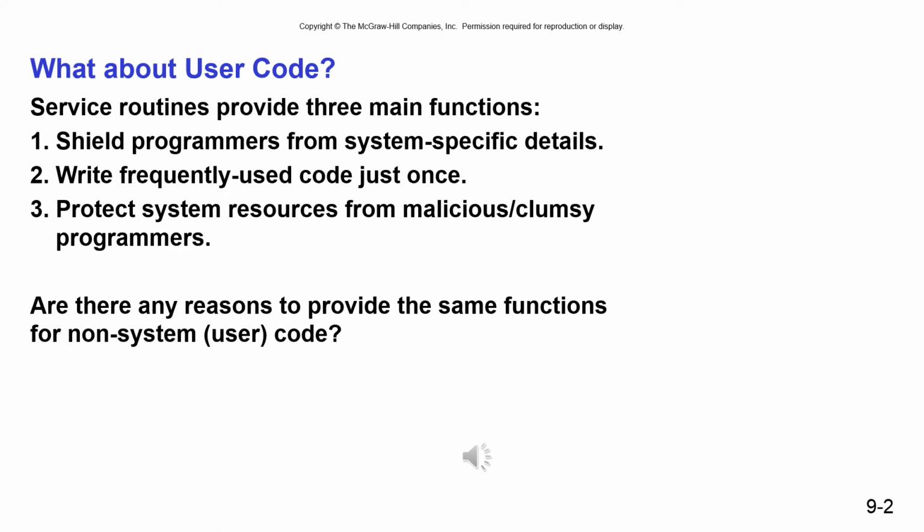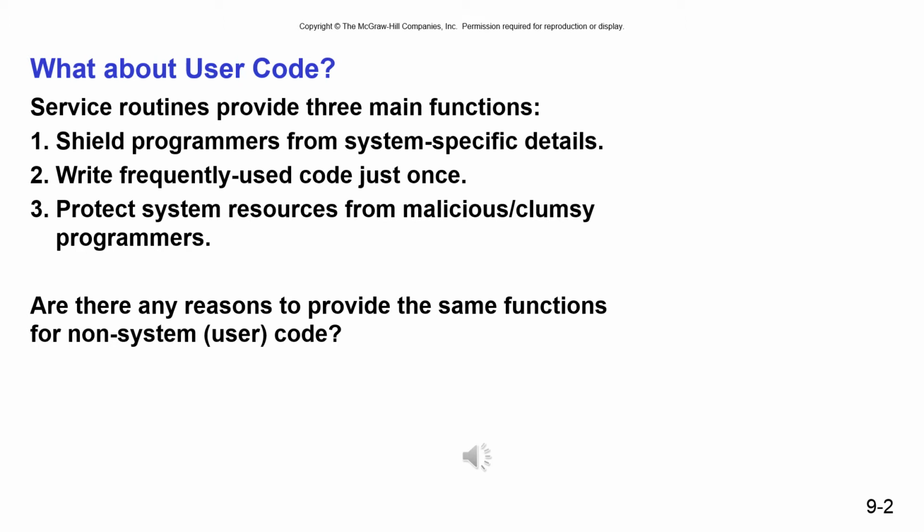A little bit of review here. Service routines, system subroutines that live in system space, provide three main functions. They shield programmers from system-specific details in the form of abstraction. They write frequently used code just once, mostly I/O routines.